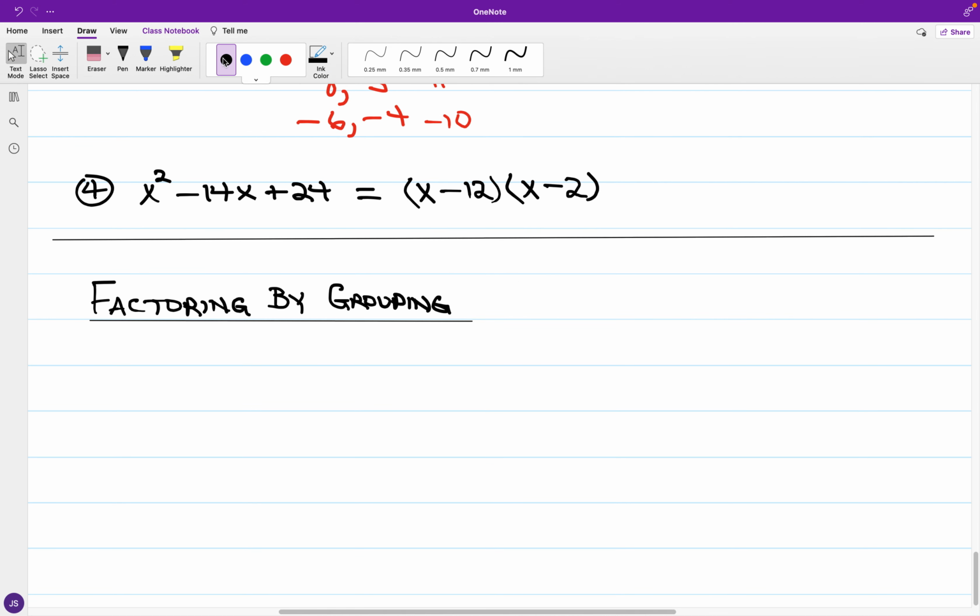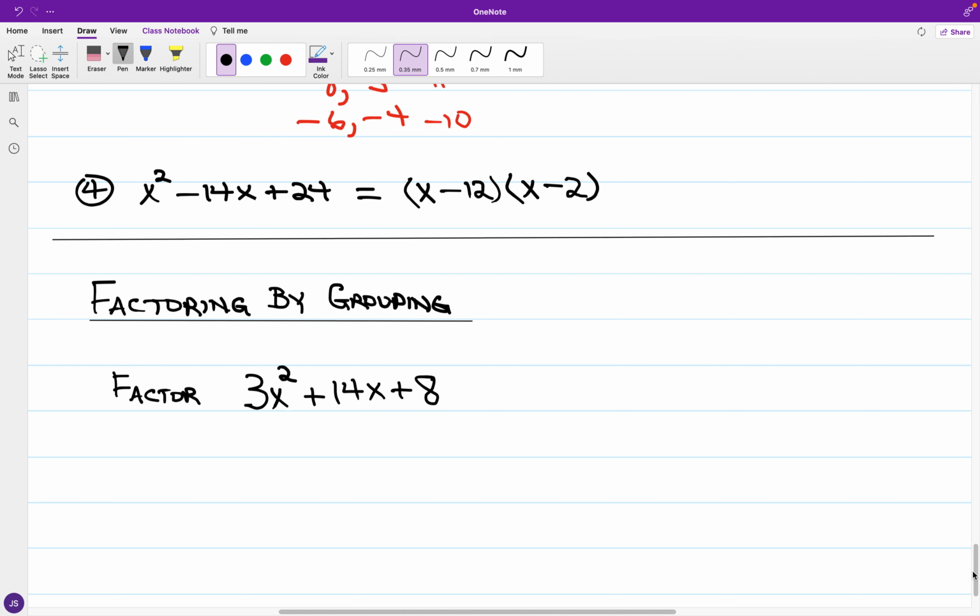And say if you were to factor the following. We'll say that we have factoring 3x squared plus 14x plus 8.